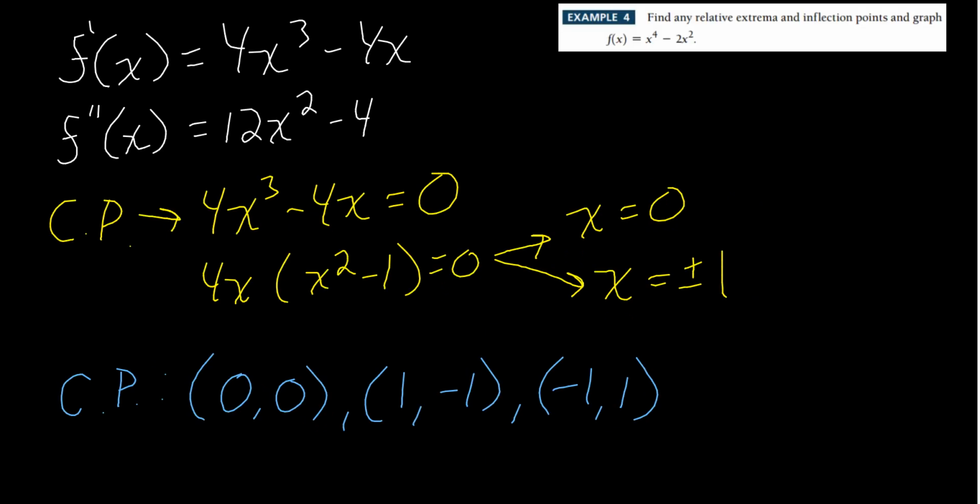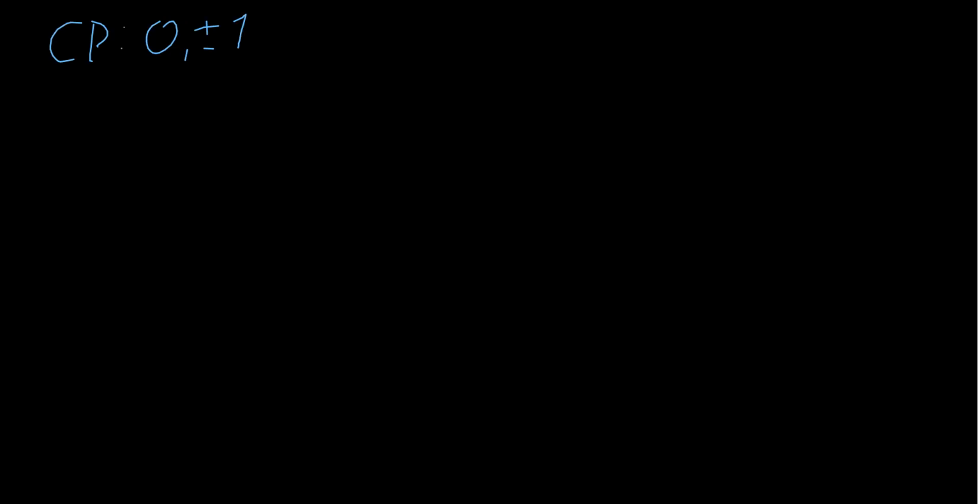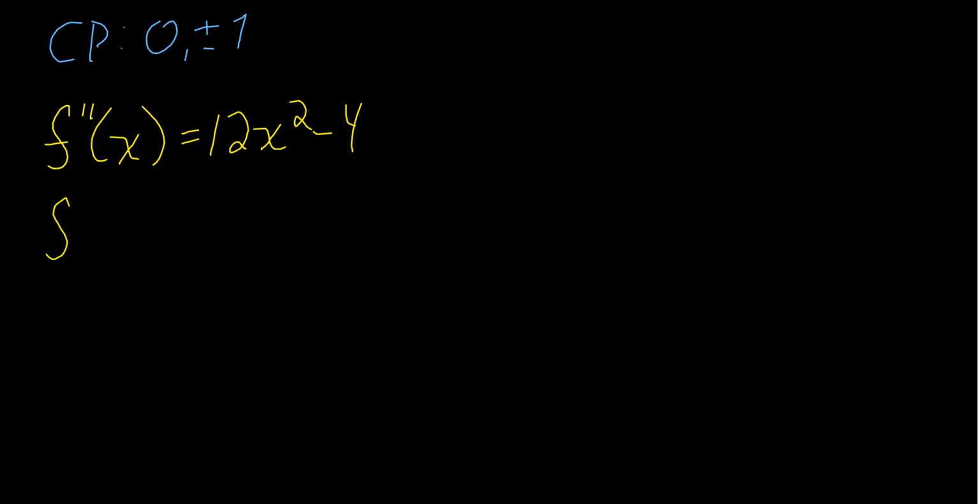My second derivative was 12x squared minus 4. I'm going to plug these into my second derivative and figure out if I have a relative maximum or a relative minimum. We can maybe do this in our head, but let's just go ahead and do this. So f double prime of 0, that's just going to be -4.